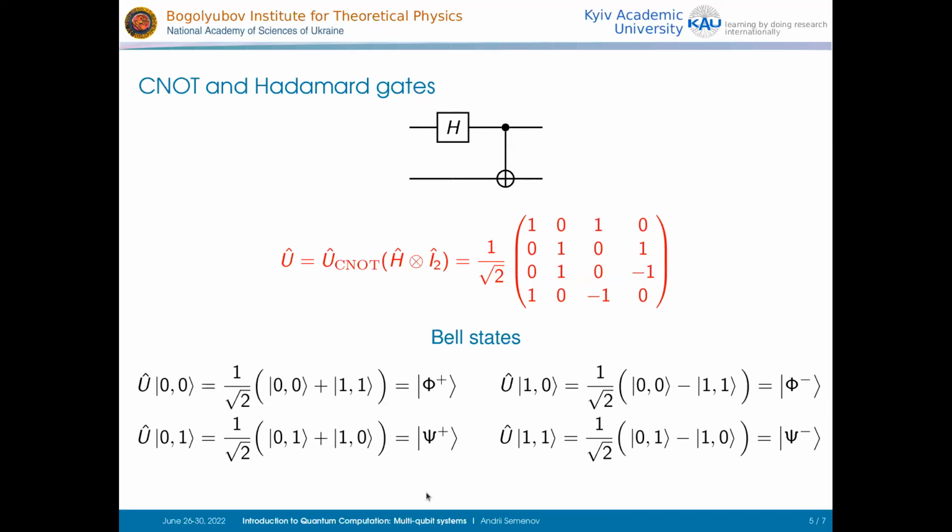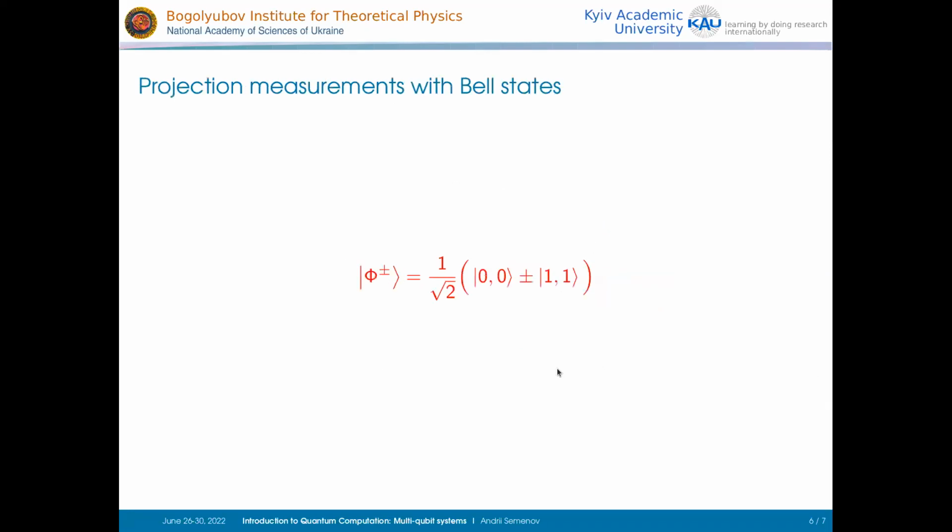This is exactly what people do, but after that they made some measurements, and the measurement results led to remarkable results. Okay, we will not speak about this today, but we will play around with these states.